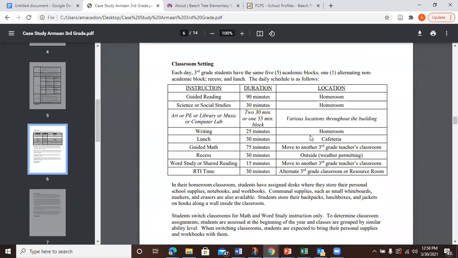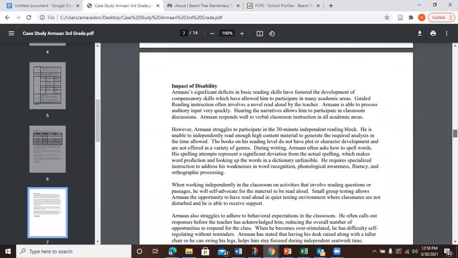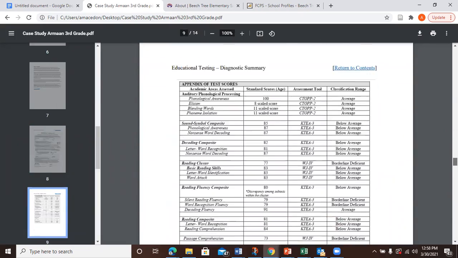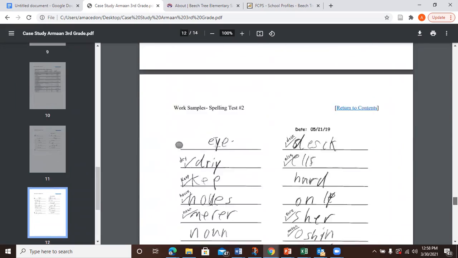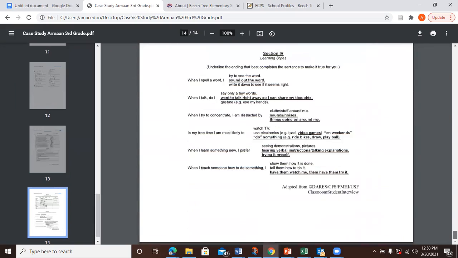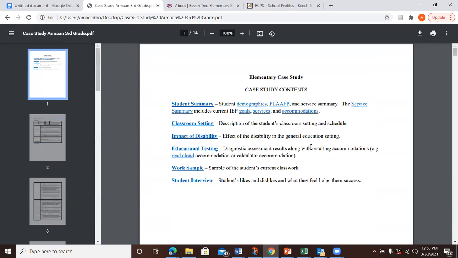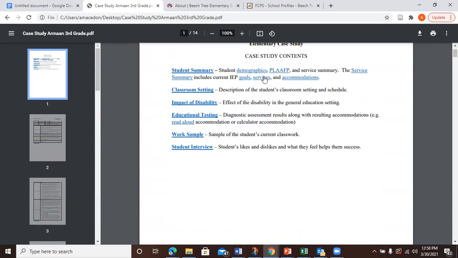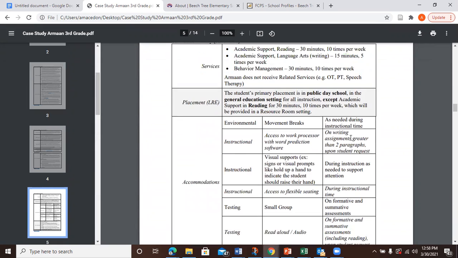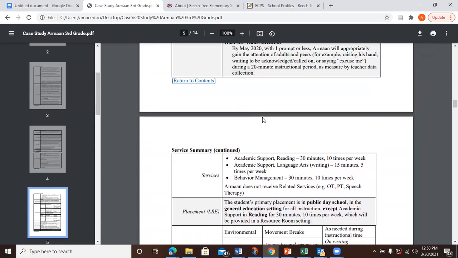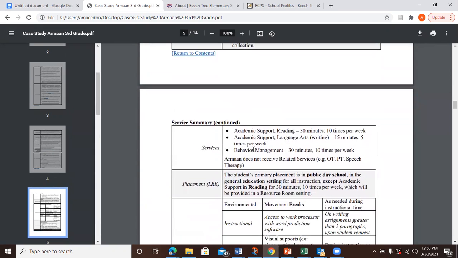We can look at the schedule, but this isn't telling me where he's receiving his services. So we have to look at some of the information in terms of his services, right? This is what he's receiving.